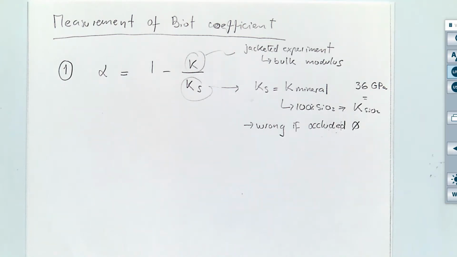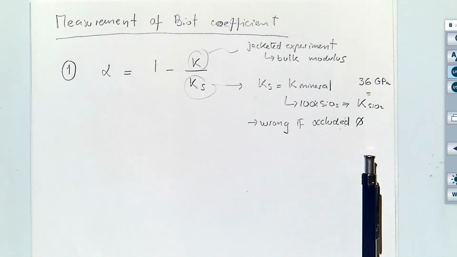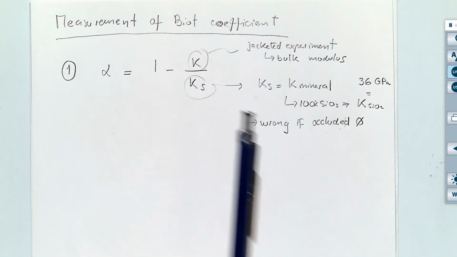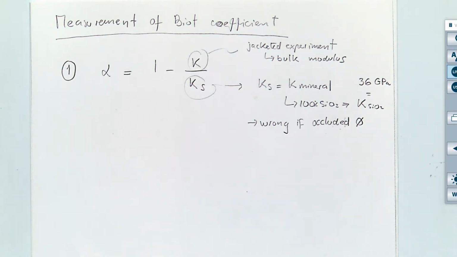And if seen as a black box, that would mean that you may have some pores that are a lot more compliant than the mineral itself, because it's a void. Or let's say you may have a gas, or you may have a fluid, but it's a lot more compressible than having it filled with a solid. So if you have occluded porosity, then you're going to be assigning a lot lower Biot coefficient to that rock, because you are disregarding that the rock is actually a lot more compliant than what you think.